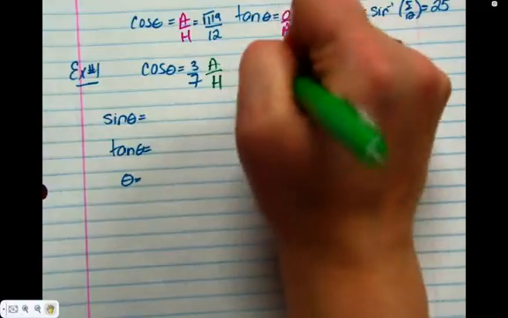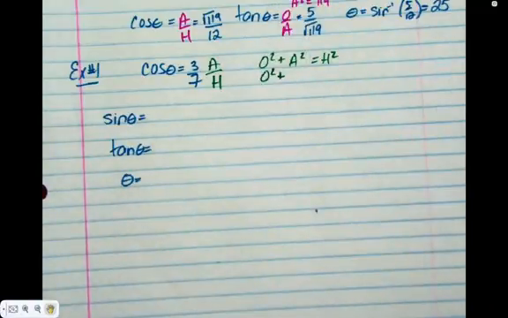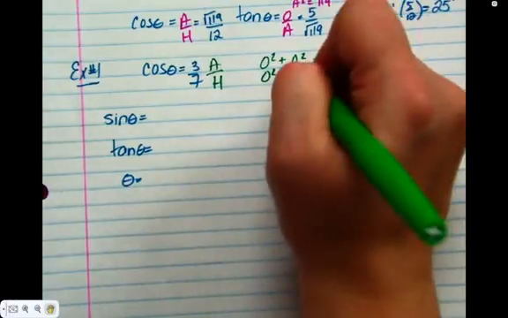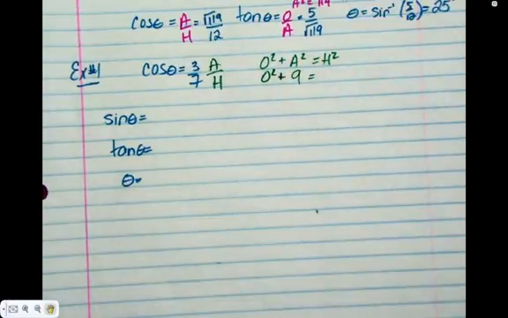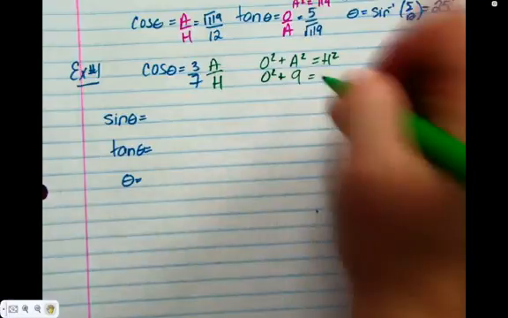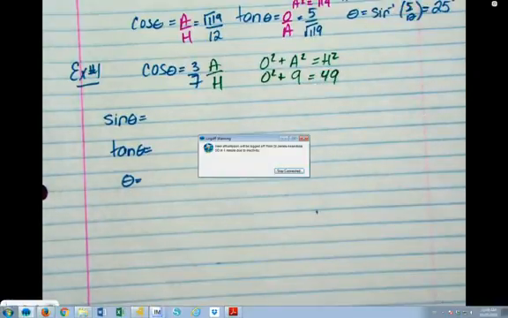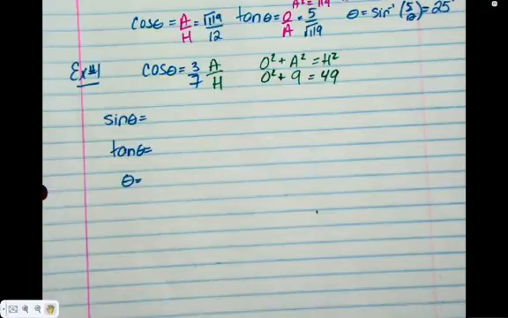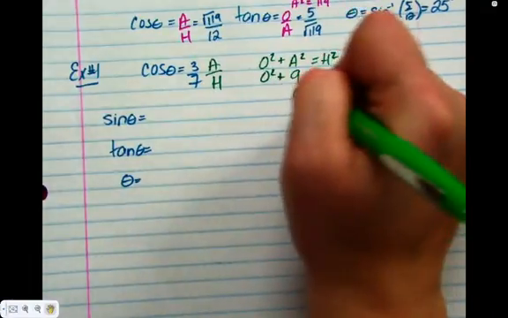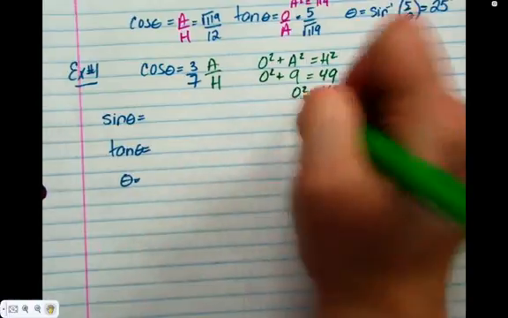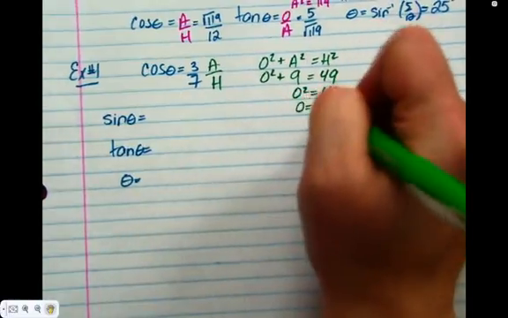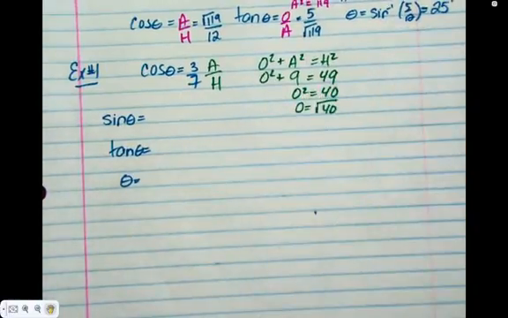Whatever your brain likes better, it's all the same formula. O squared I don't know. I'm going to do the squareds in the same step. So if I put 3 in and squared, I'm going to get. And if I put 7 in and squared, I'm going to get. That means O squared is. And O is. And can we simplify that one? Yep.